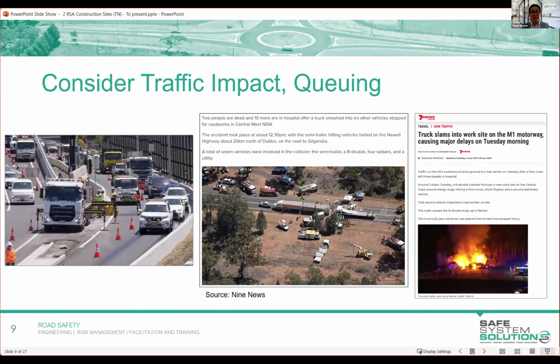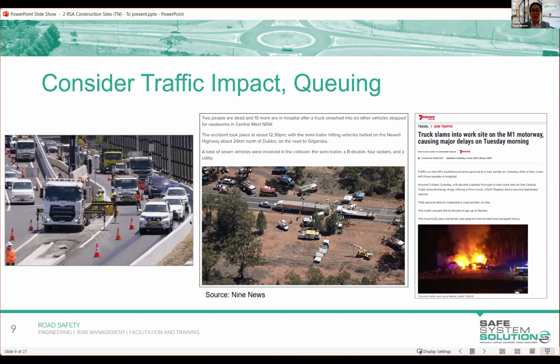And this is where I think we touch on whether we should only confine our audit to the work site. My experience in recent years is that with more traffic in our capital cities, congestion is a huge problem, and sometimes people do a bit of work on the side of a highway, thinking, yeah, look, I'm going to just close the lane for a couple of hours, and nothing's going to happen.